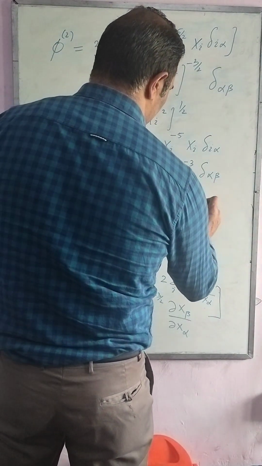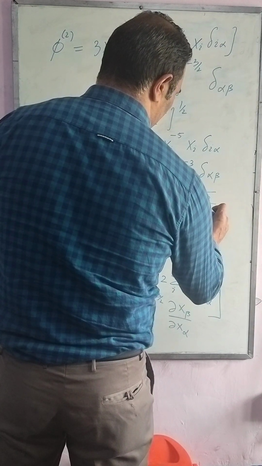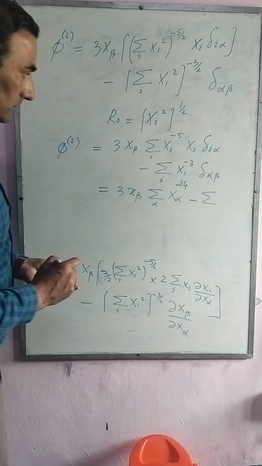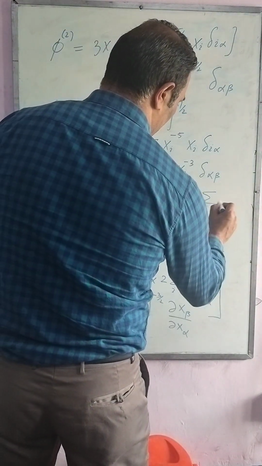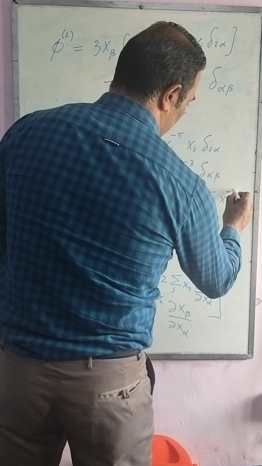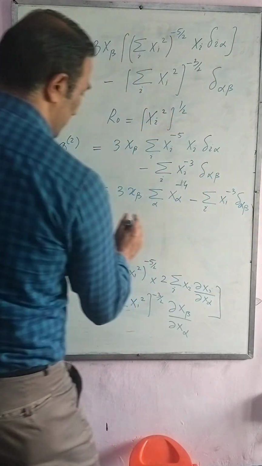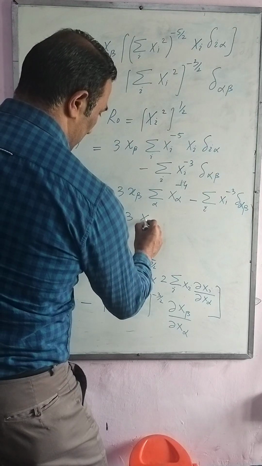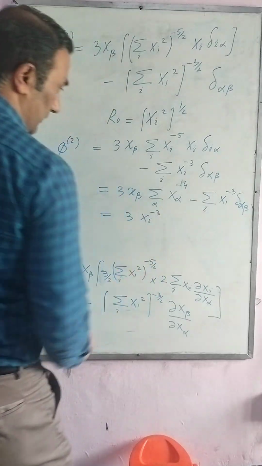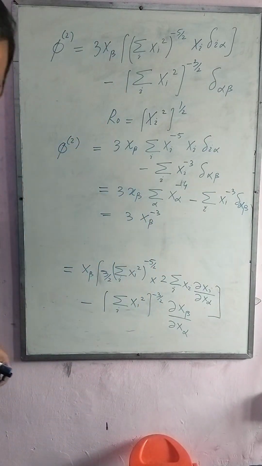And minus summation over i xi raised power minus 3 delta alpha. Now, if you again choose alpha equal to beta, so this will be equal to 3 x beta raised power minus 3. Okay, right.